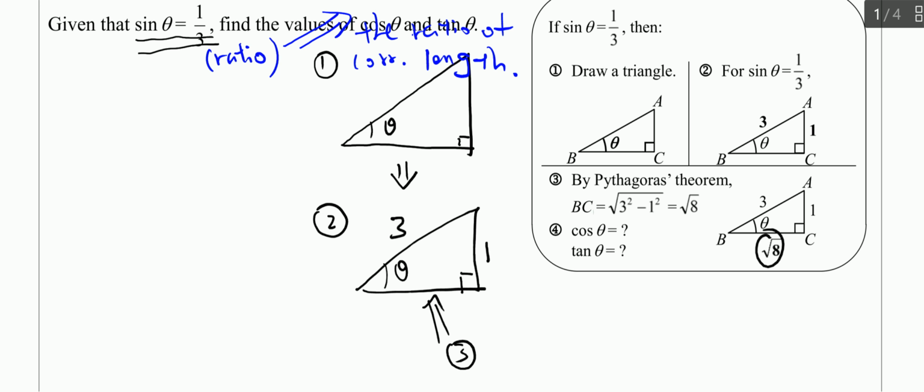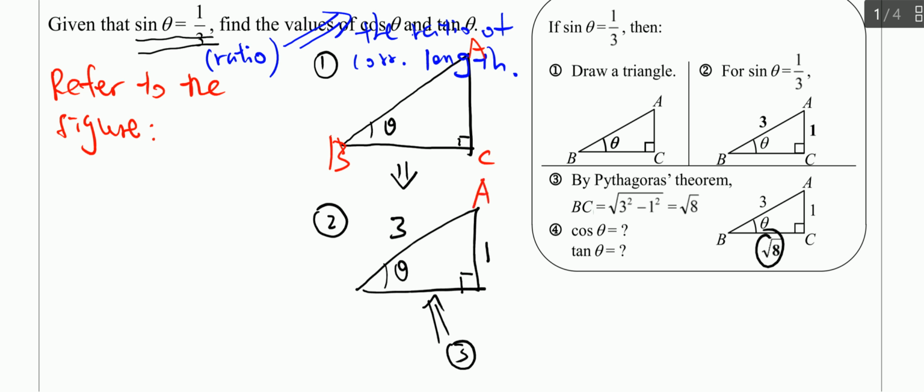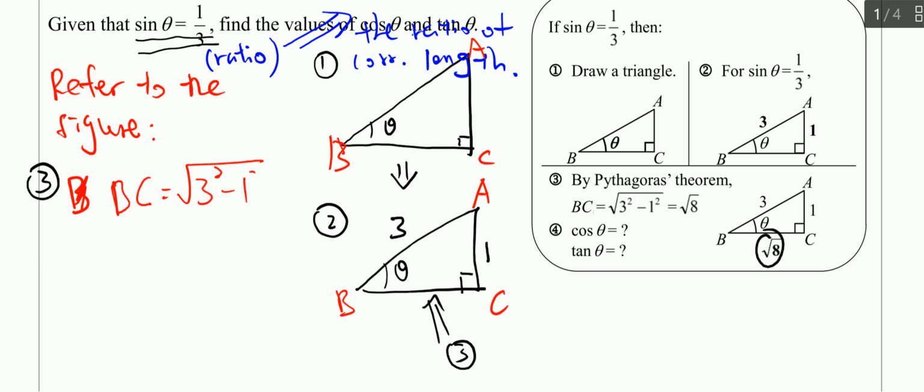Referring to the figure, I just highlight A, B, and C. For step 3, we refer to the Pythagoras theorem, and you can write down BC equals 3 squared minus 1 squared, reason: Pythagoras theorem.